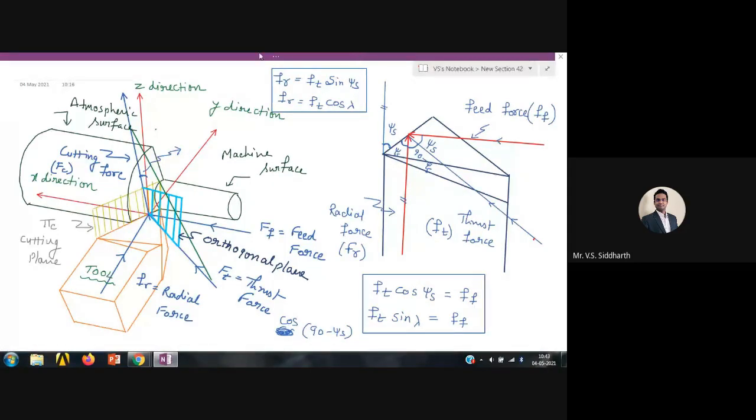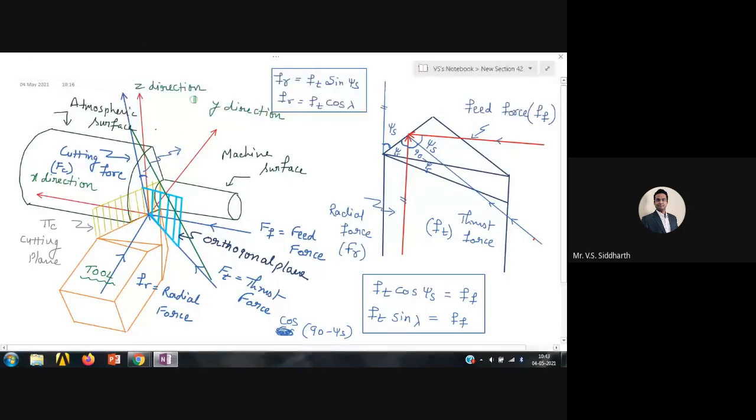One hint I will give you is that the cutting edge is inclined backwards. If it is a reference plane, it is inclined backwards and there is some angle here. And whatever angle the cutting plane is inclined, at the same angle the cutting force is also deviating from the Z-axis.